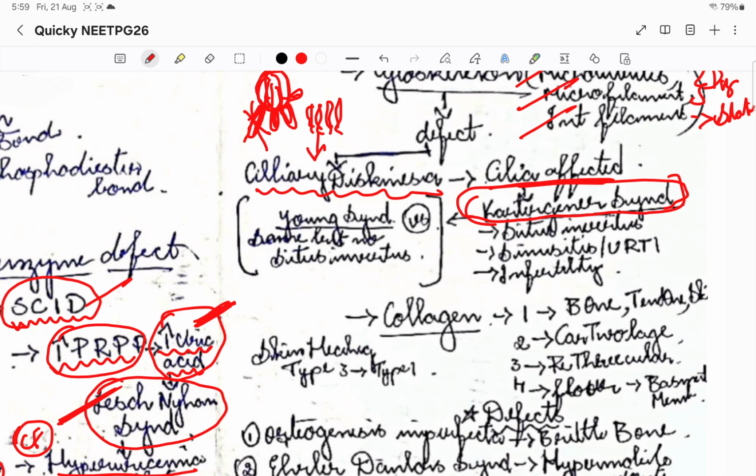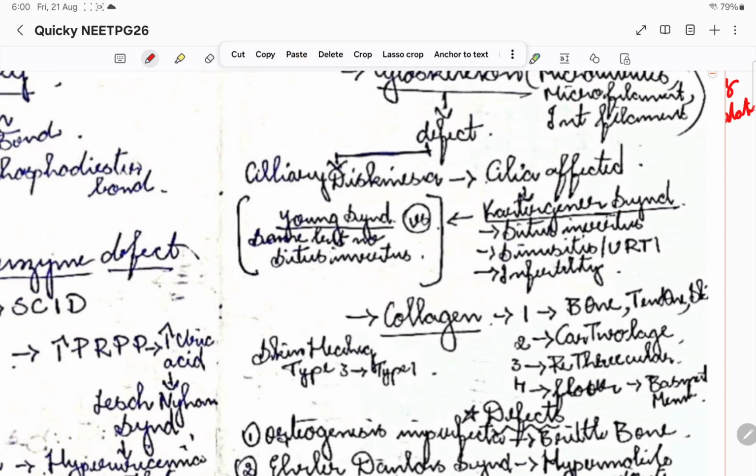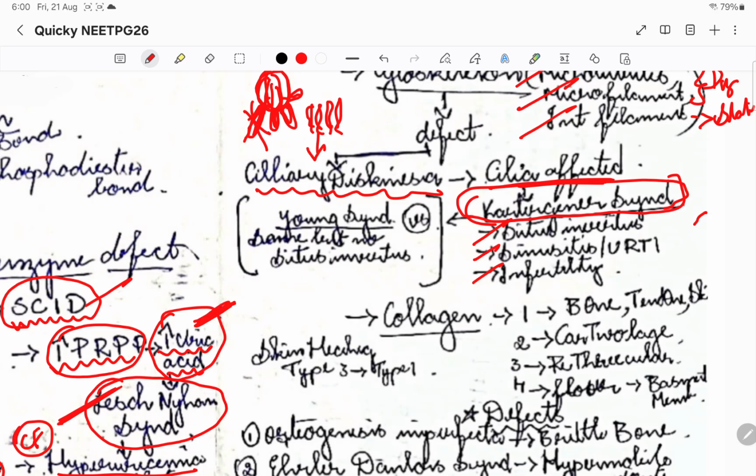So what is the triad of Kartagener syndrome? It comes with situs inversus, sinusitis, and infertility. Because the cytoskeleton is the most important thing needed for embryological genesis and embryological rotation, when there is a defect in cardiac rotation, it is going to form situs inversus. Situs inversus is when the heart, which was supposed to be on the left side, is on the right side.